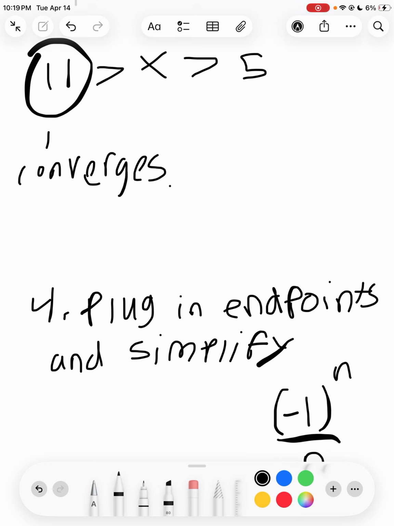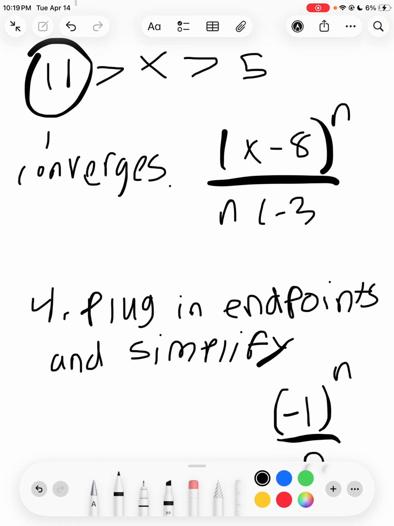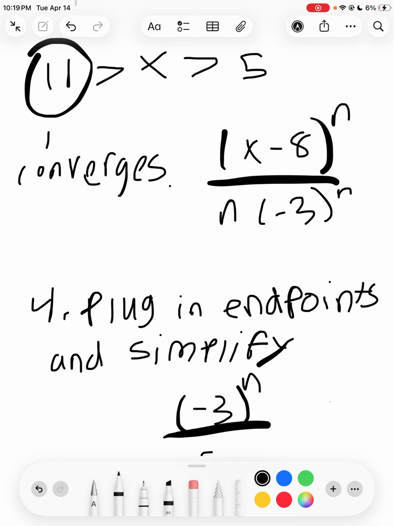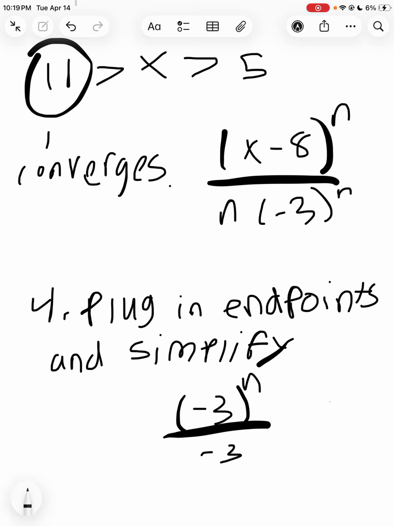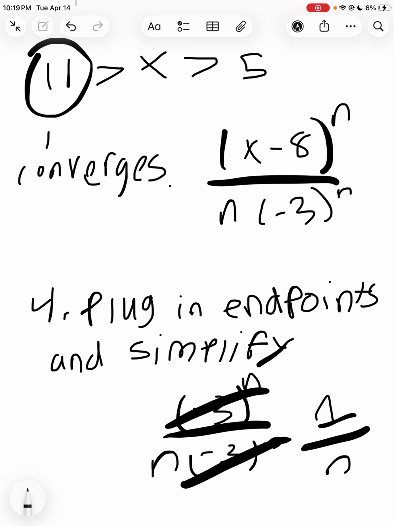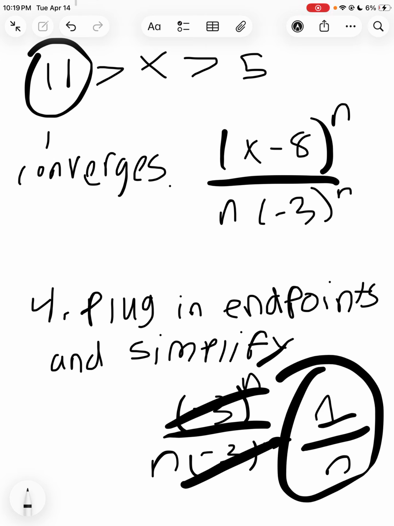Now we can plug in 5. And I just erased the equation. 5 minus 8 is negative 3, so you get negative 3 to the n over negative 3 to the n times n. These cancel out, and it just becomes 1 over n, and we know that this diverges.